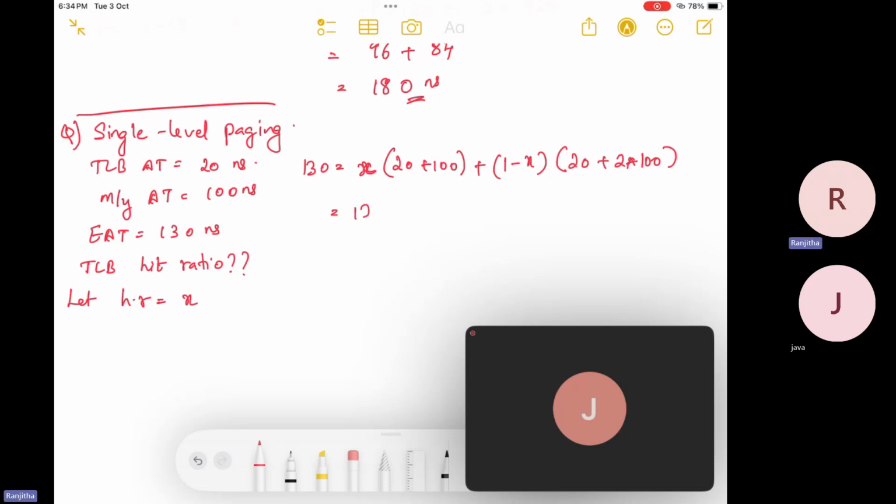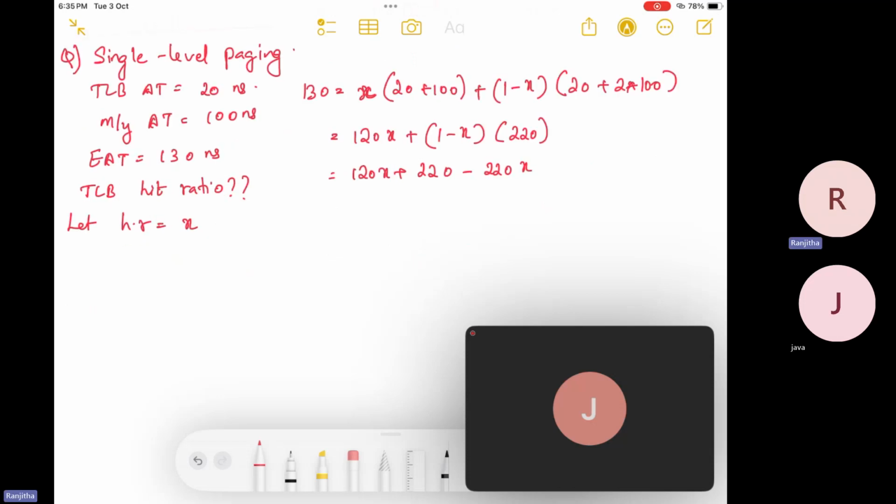Which is equal to 120X plus (1 minus X) into 220. 120X plus 220 minus 220X, which is equal to 130. 220 minus 130 equals 220 minus 120 is 100X.